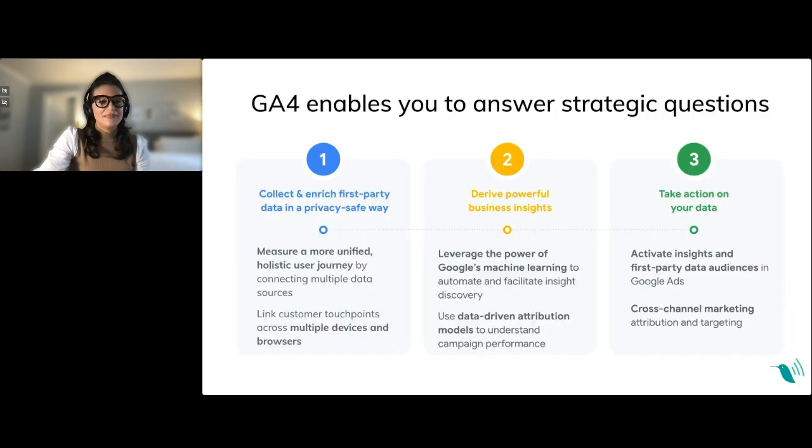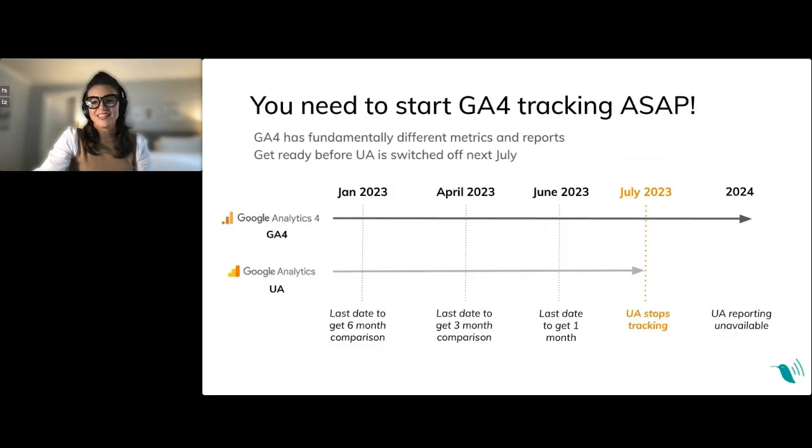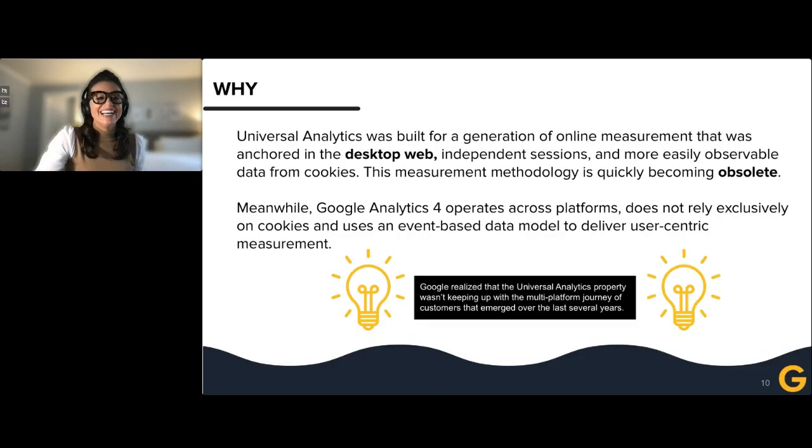And some of you guys may be asking why. If you think about it, Google Analytics first released Universal Analytics back in 2005, which is when I was actually in college. And obviously the way that you purchase online was a lot different.